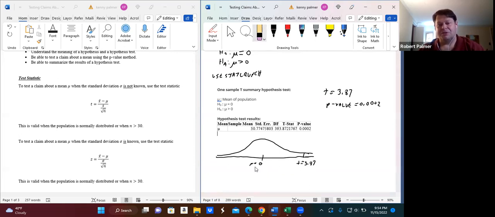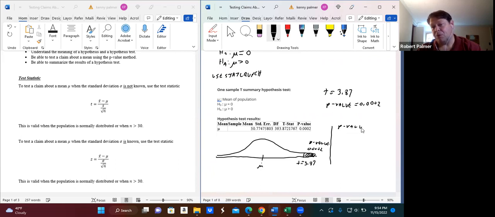Let me just call this simply mu. Then the small area to the right, since it's greater than, is our p-value. And that area is equal to 0.0002.